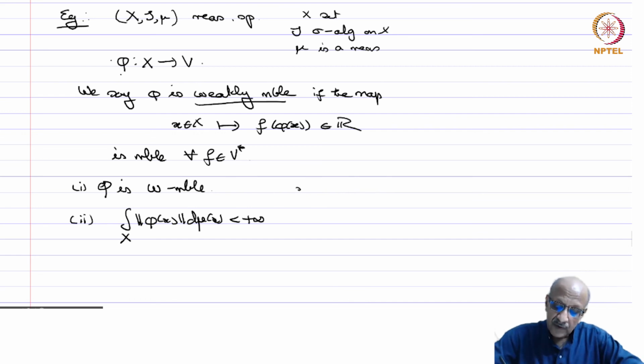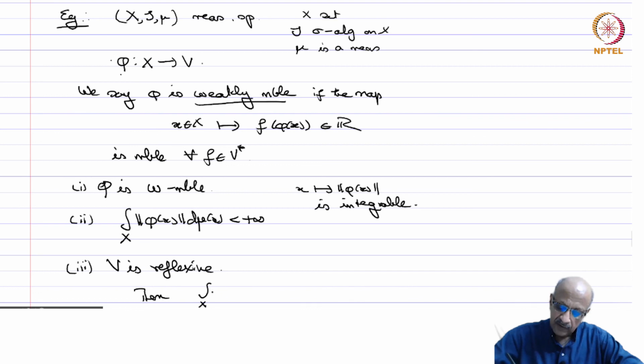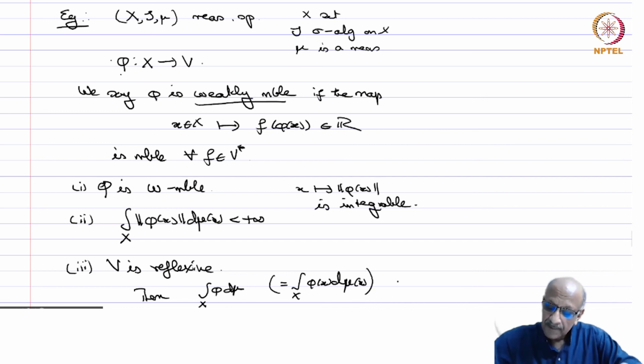So the mapping x going to the norm of phi of x is a real valued function that is integrable. And three, V is reflexive. So then the integral over X of phi d mu, or if you like the integral over X of phi of x d mu of x, exists.